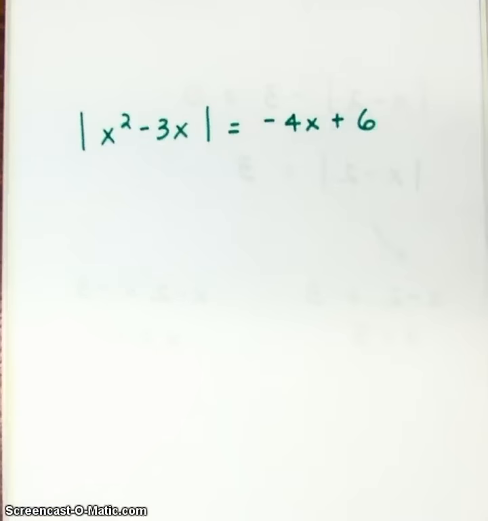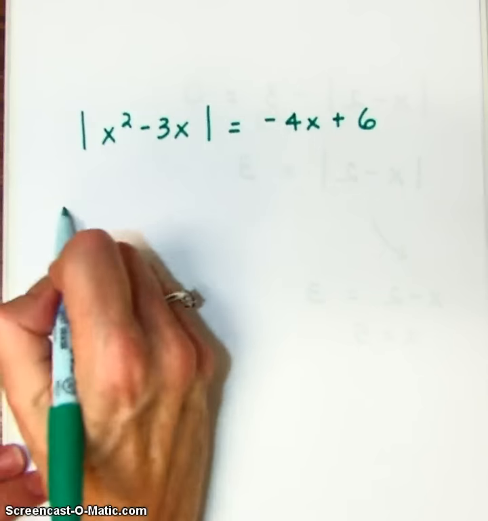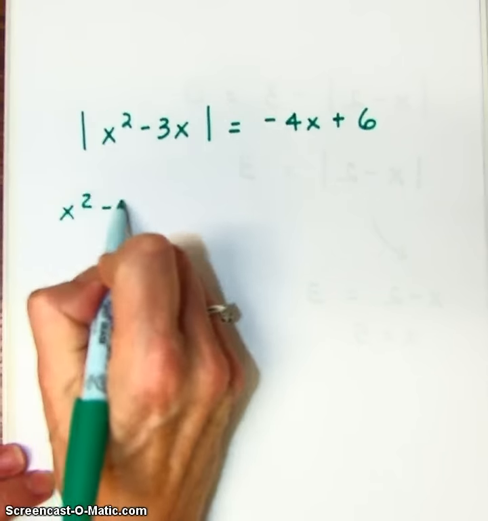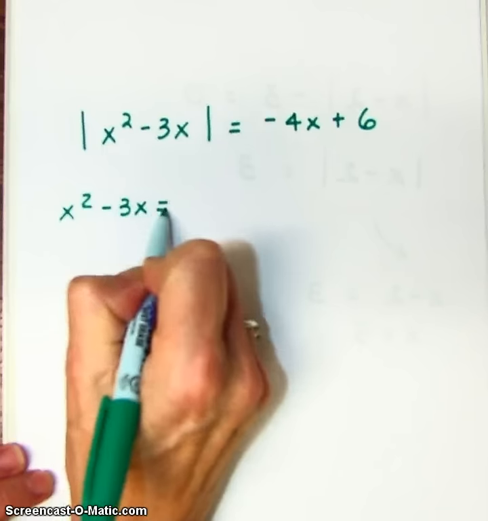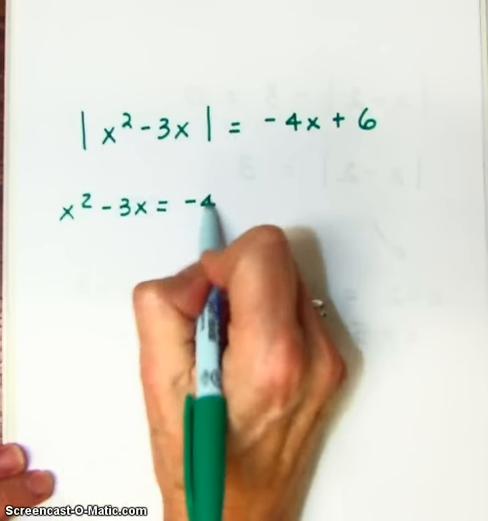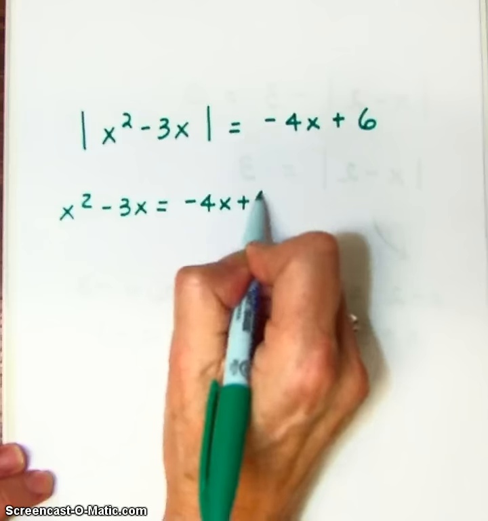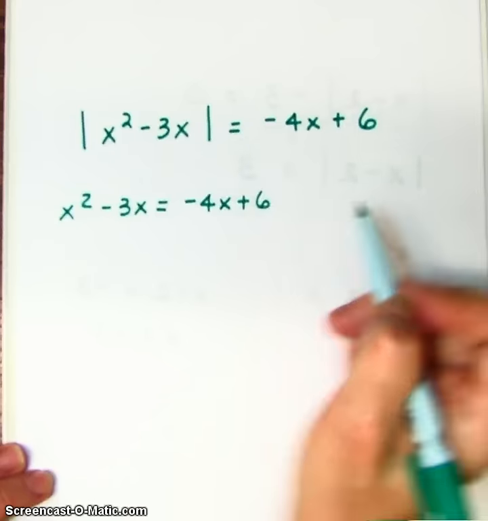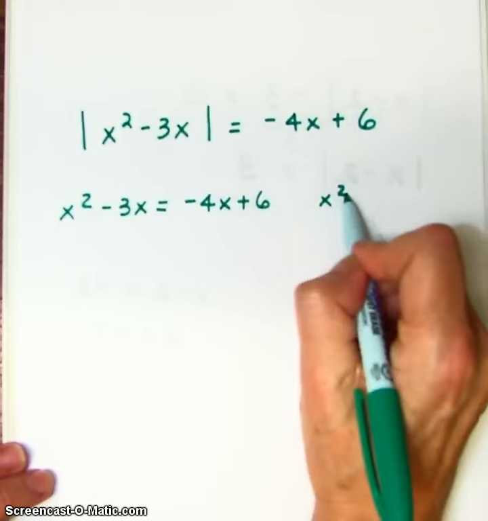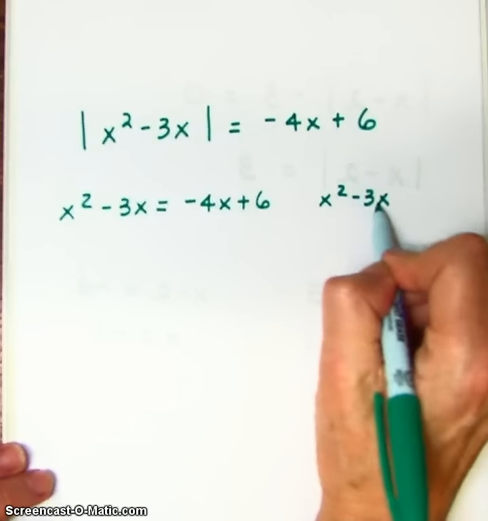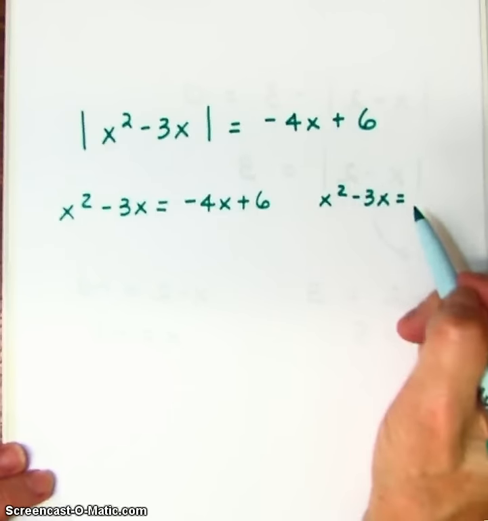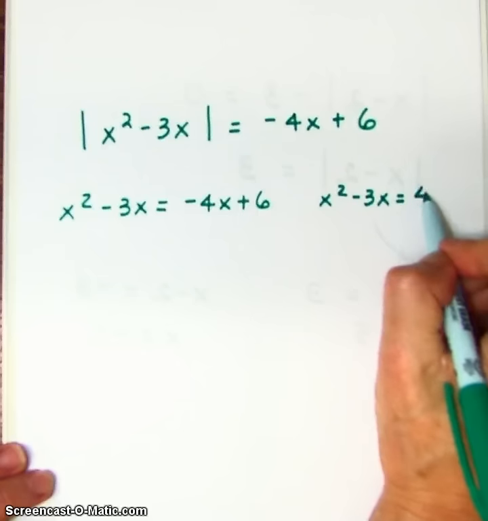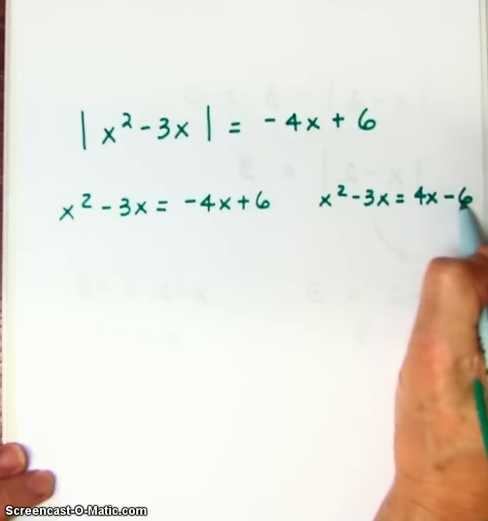Now this is a much more complicated equation, but let's do the exact same thing we talked about. Copy what's in the bars and set it equal to exactly what was on the other side. And at the same time, copy what is in the bars and set it equal to the opposite, the inverse, which is positive 4x minus 6.